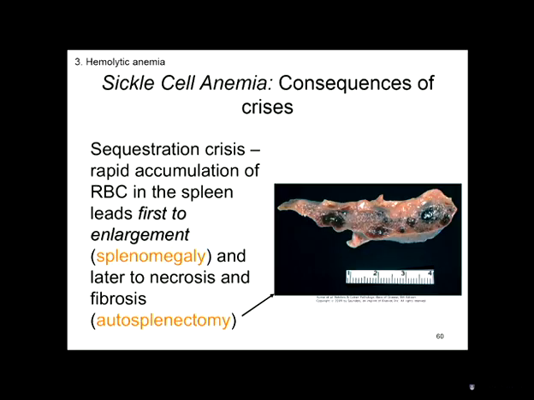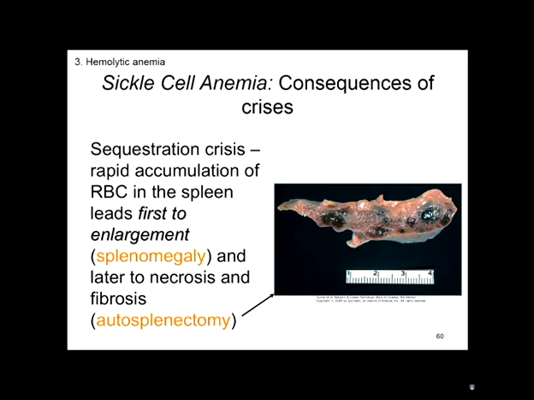This is what they call an autosplenectomy, meaning that normal splenic tissue has been replaced by fibrous tissue, and so the spleen no longer does its job, okay? We'll talk more about what happens if patients don't have normal spleen function, whether it's autosplenectomy or it's another cause, when we talk about white blood cell disorders.